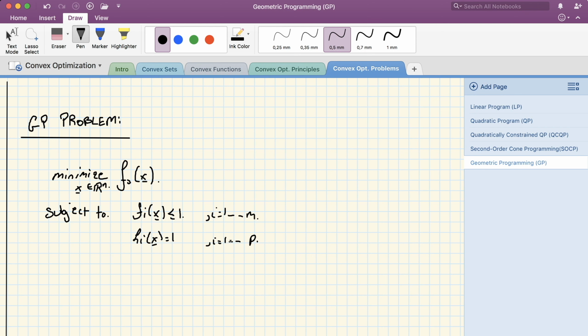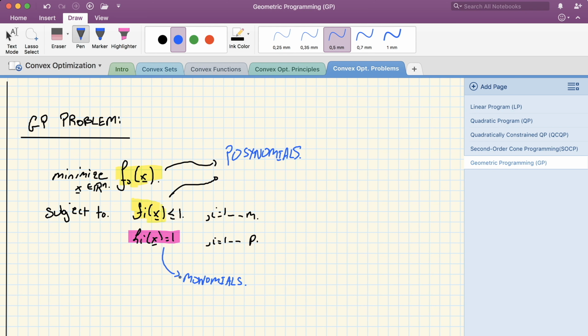Now, why did we talk about polynomials and monomials? Clearly because we're going to use them here in the problem. So my f's should be polynomials, my hi's have to be monomials. If this is the case, then guess what?